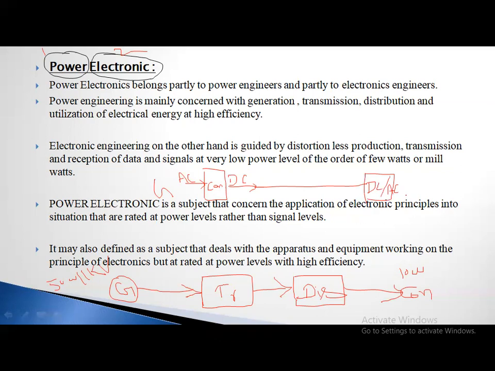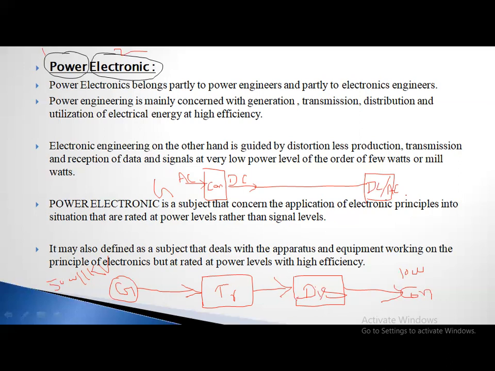For example, fans and tube lights all run on AC, and an induction motor will also run on AC. So we definitely need to convert again from DC to AC at the distribution side, and then we can give it to the consumers. By transferring the power in the form of DC, we can reduce the losses.